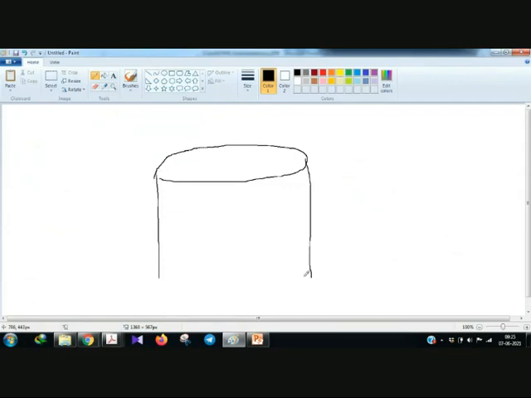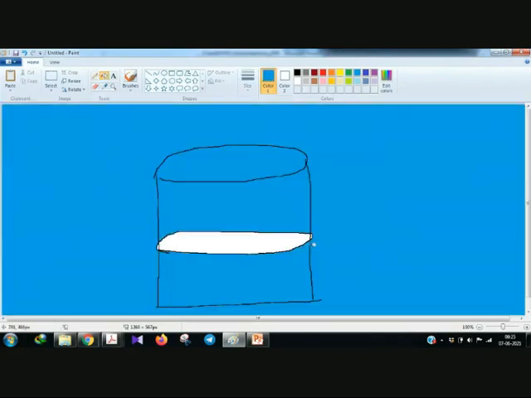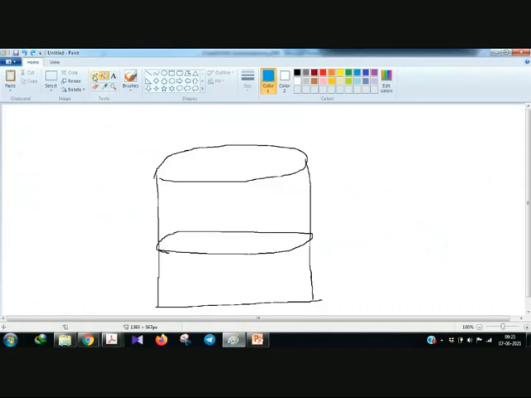So suppose this is a well, and up to this level there is water. What will happen? You will be doing this experiment.